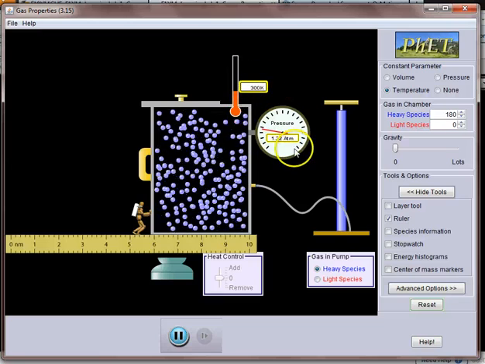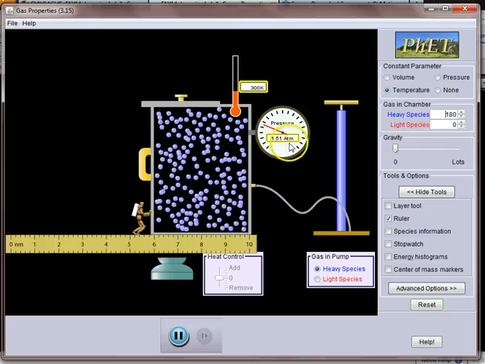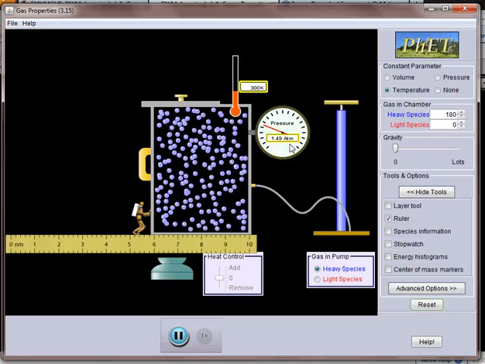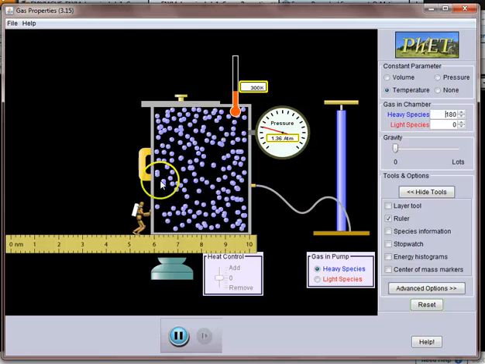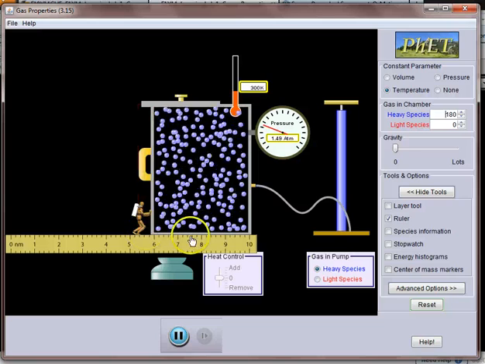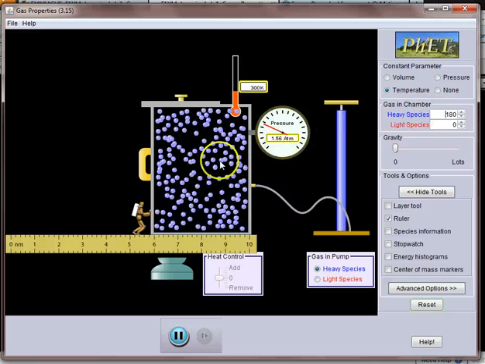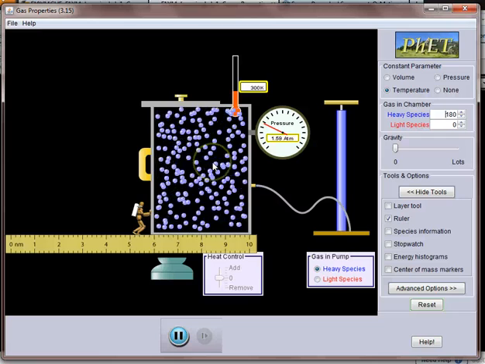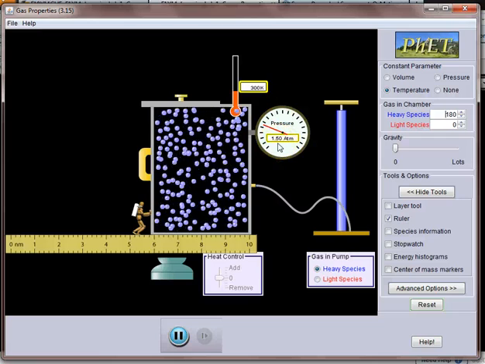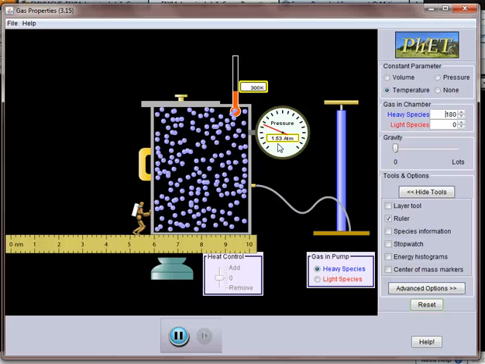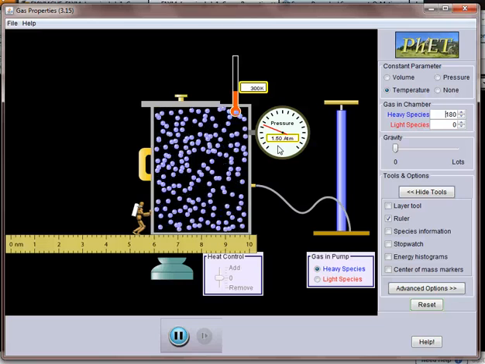You can see the pressure is increasing, and it will steady out at some point. The volume is not moving, but the pressure is increasing. If you increase more particles, obviously the pressure would increase. Now the pressure is settling at 1.5 atm.